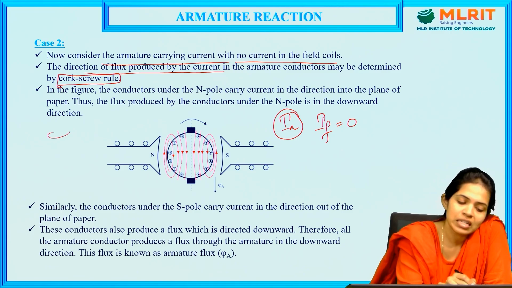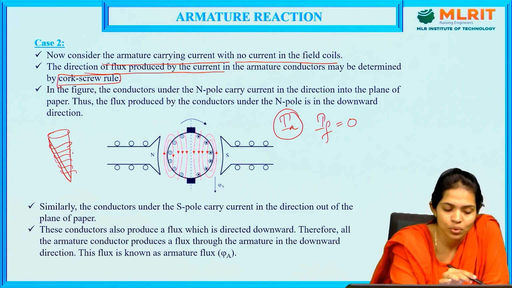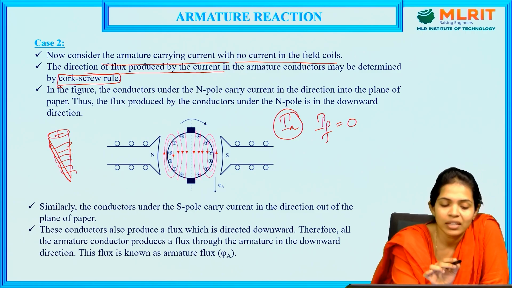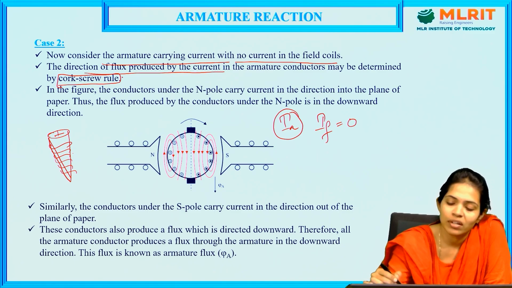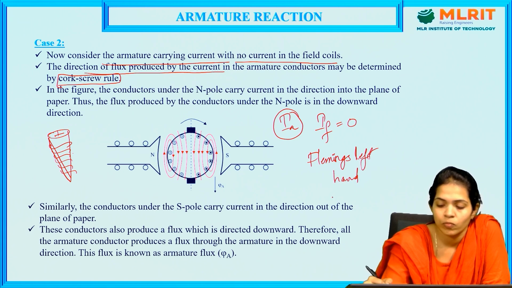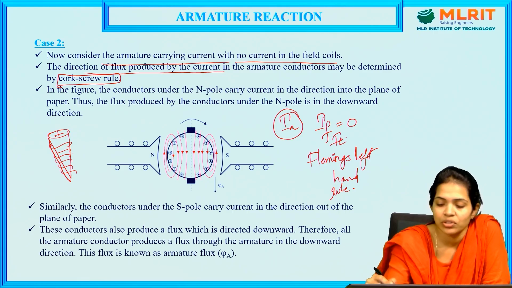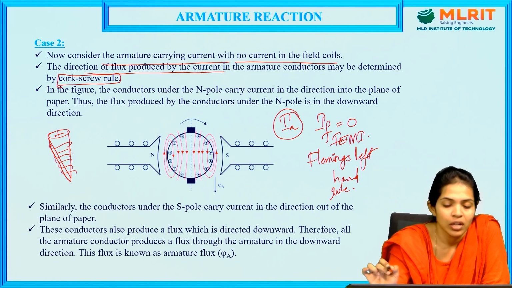So if we consider a screw, these are the threads on the screw. We all know that Fleming's left hand rule and Faraday's laws of electromagnetic induction play a very important role in the working principle of a DC machine.